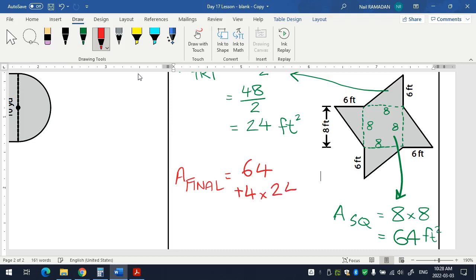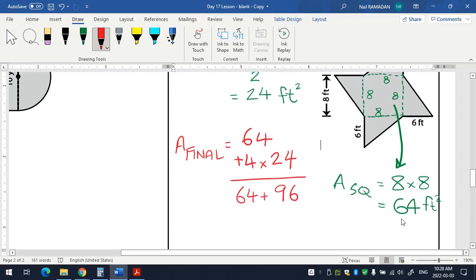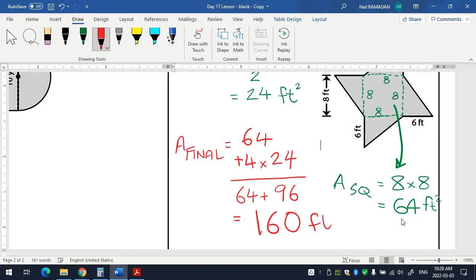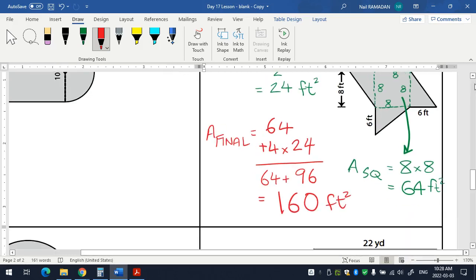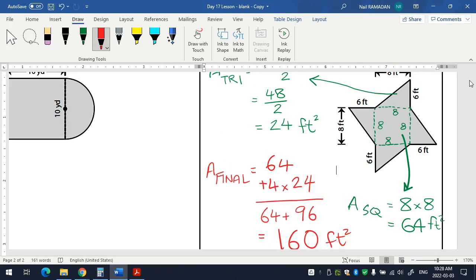You have 4 copies. 4 times 24 is 96, plus 64, which is 160. There we go. So that was an interesting problem of symmetry. Sometimes you have symmetry, like things that are perfectly identical. It's a freebie. It would be a godsend.